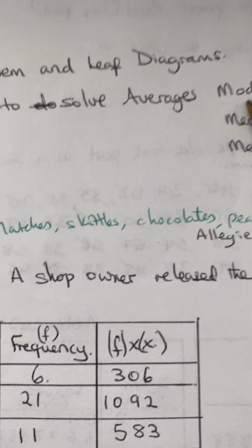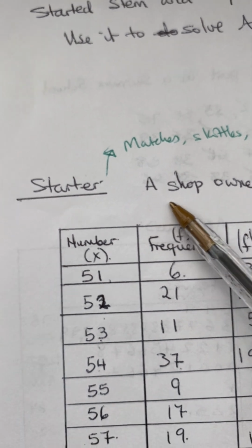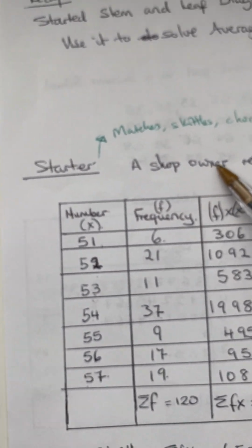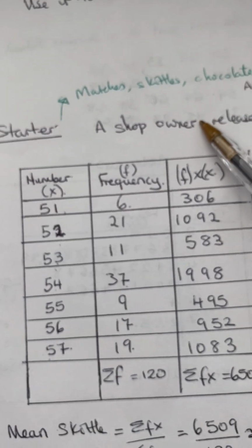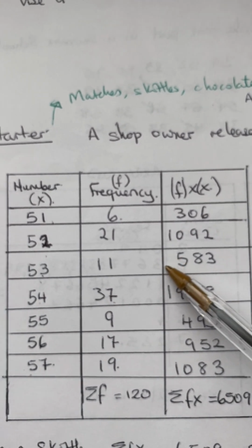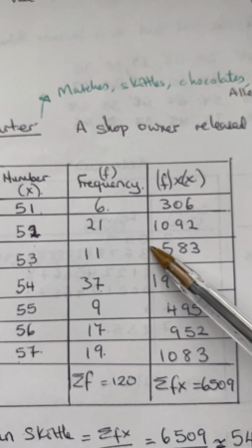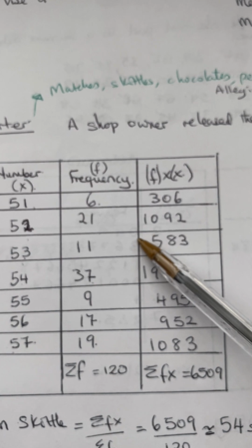Now today for our starter, I want to bring another question. Normally at foundation level, they might most of the time give you the table to fill out. If you are doing a higher paper, there is a possibility they might not.